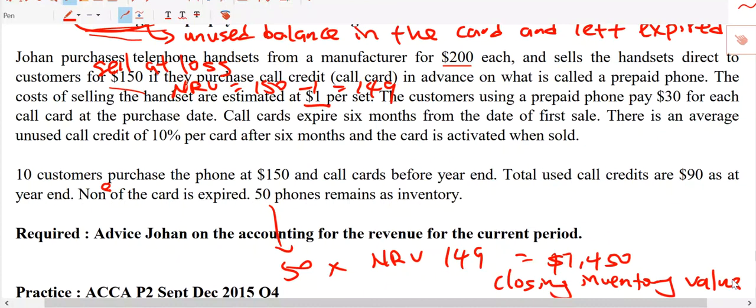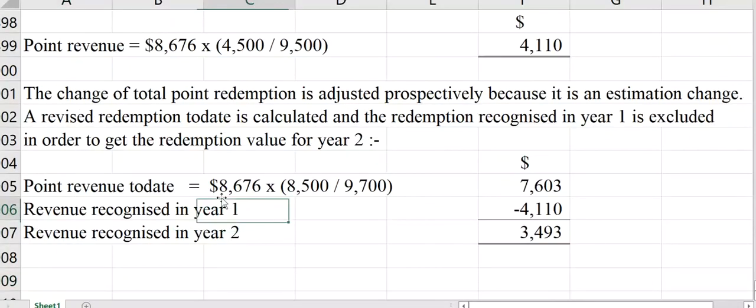Next we need to talk about the core card. Okay, separate out phone sales and core sales, and recognize the revenue.